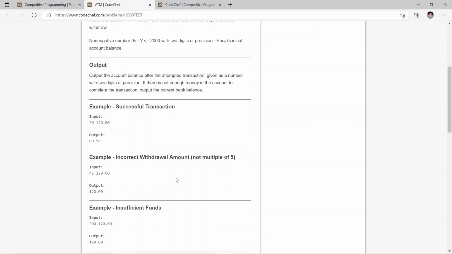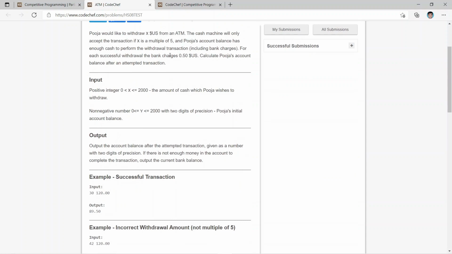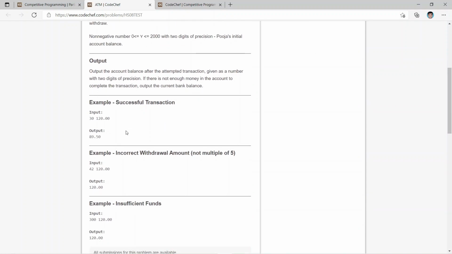If we see the examples, in the first example the amount she wants to withdraw is 30 and the initial bank balance is 120. If we subtract 30 from 120, it becomes 90, and 0.5 as a bank charge, so finally it becomes 89.50.